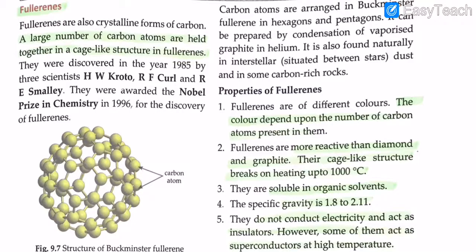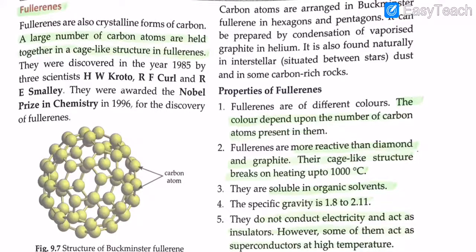Fullerenes are more reactive than diamond and graphite. Their cage-like structure breaks on heating up to 100 degrees Celsius. If you heat it to 100 degrees Celsius, the cage-like structure, which almost looks like a football, will break off.